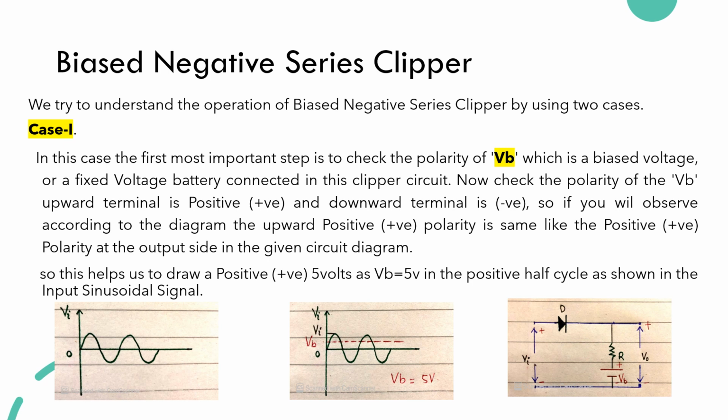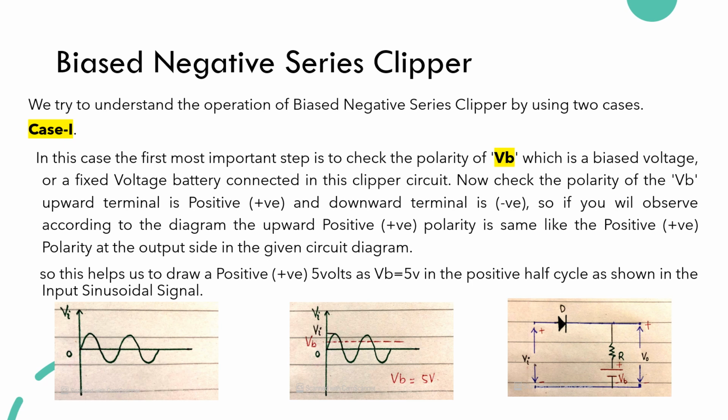According to the diagram, the upward positive polarity is the same as the polarity at the output side, at the load side, in circuit diagram number 3. So this helps us mark a positive 5 volts, VB equal to 5 volts, in figure number 2 in the positive half cycle of the input sinusoidal signal.